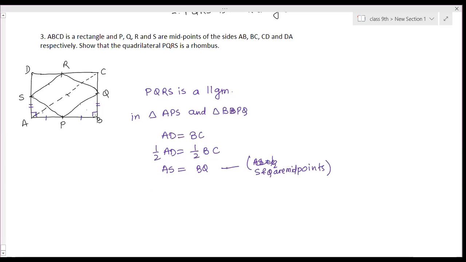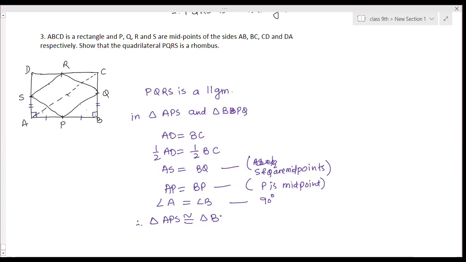Now AS is equal to BQ, AP is equal to BP, P is midpoint, and angle A is equal to angle B, both 90 degrees. Therefore, triangle APS is congruent to triangle BPQ by SAS congruency, and therefore PS is equal to PQ.